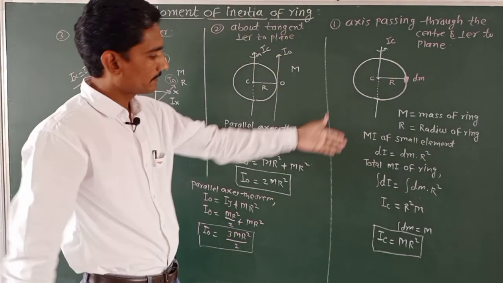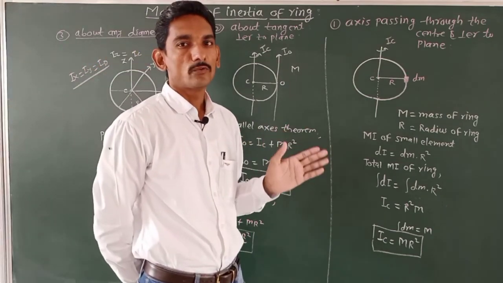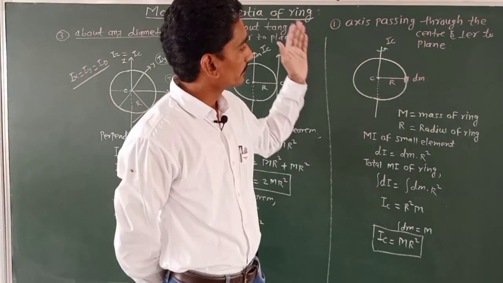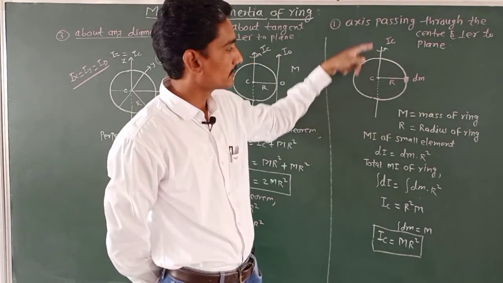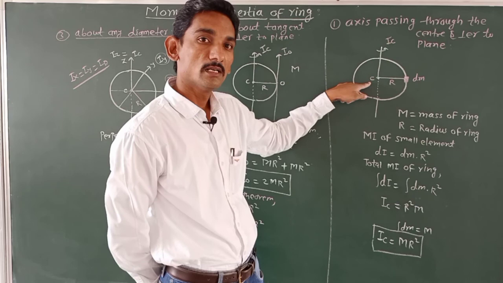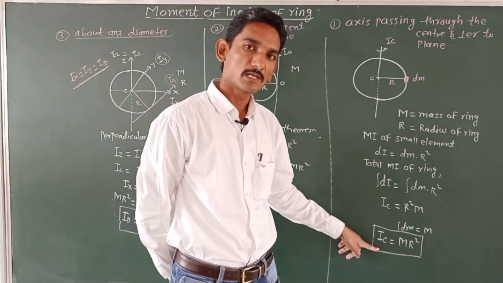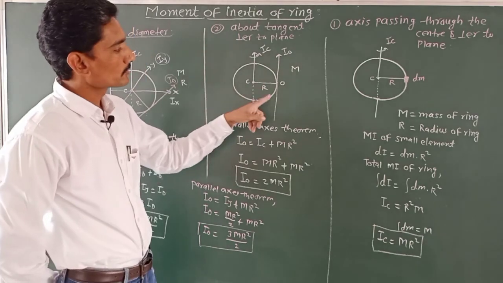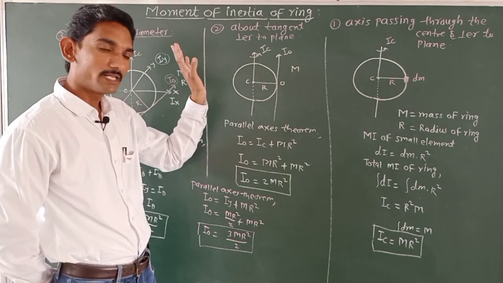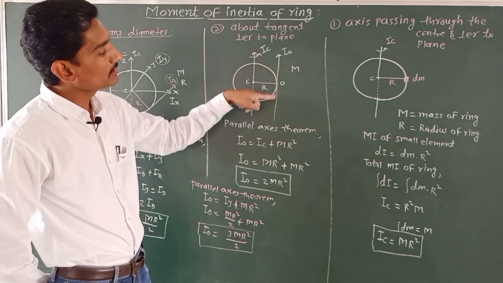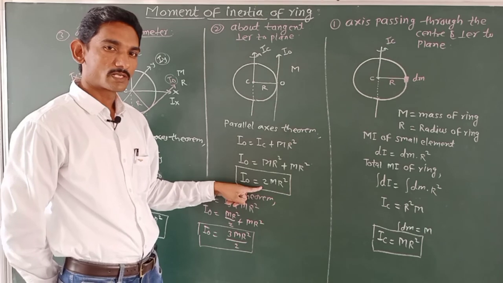So these are the different cases for a thin uniform ring. We can determine the moment of inertia about the axis passing through the center and perpendicular to the ring, and we get the relation Ic equals mr square. If the axis of rotation is passing through the tangent and perpendicular to the plane of the ring, then we have the relation IO equals 2mr square.